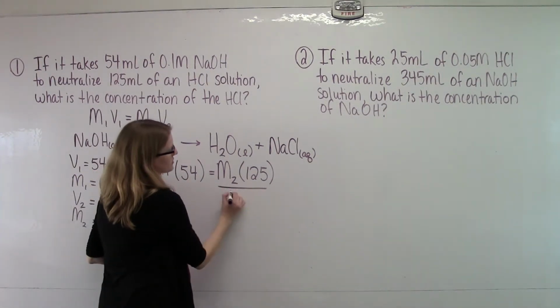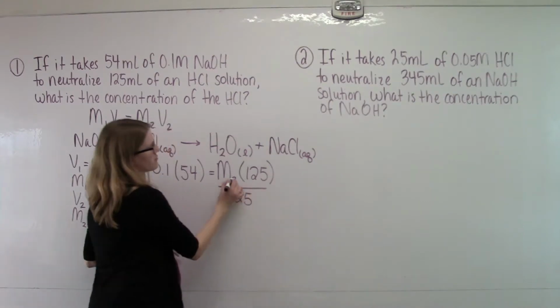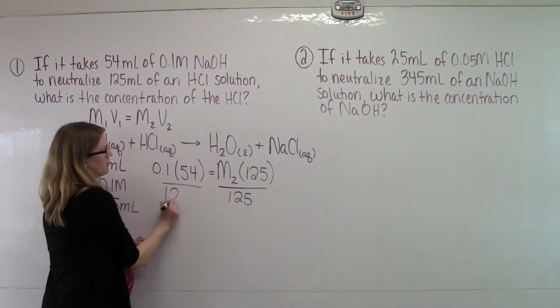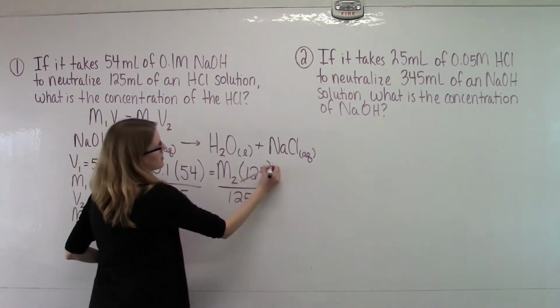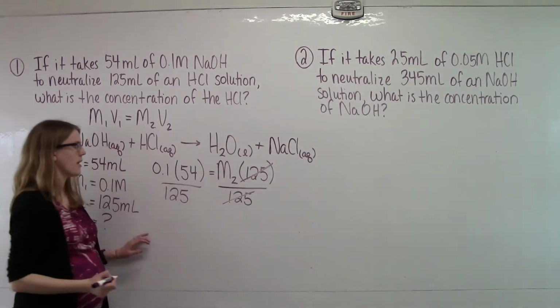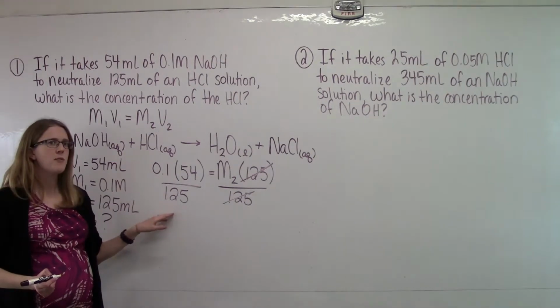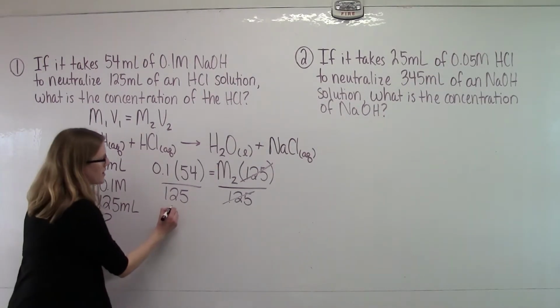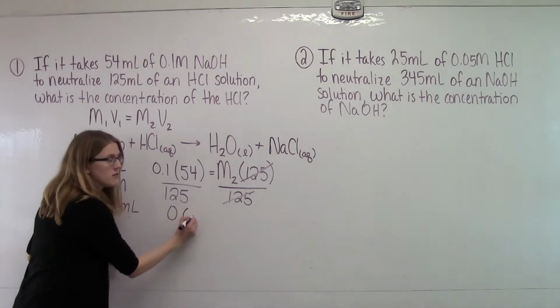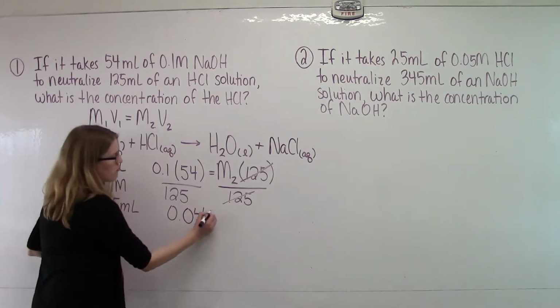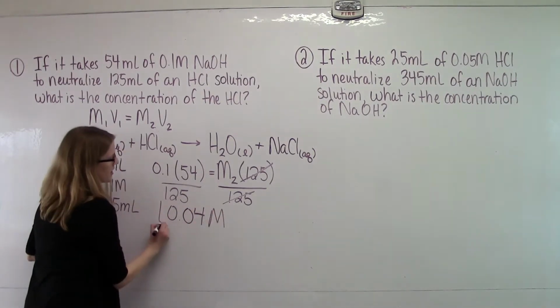We have to divide both sides by 125 to get M2 by itself. So those cancel, and we end up with 0.1 times 54 divided by 125, and we get 0.04 molar. And there's our answer.